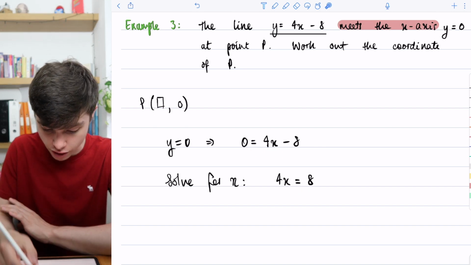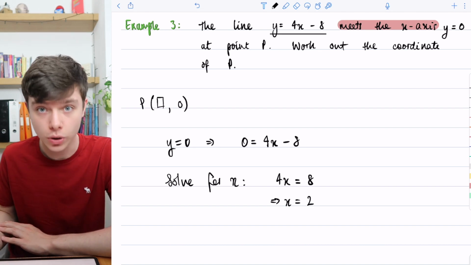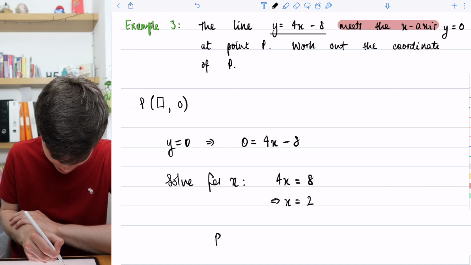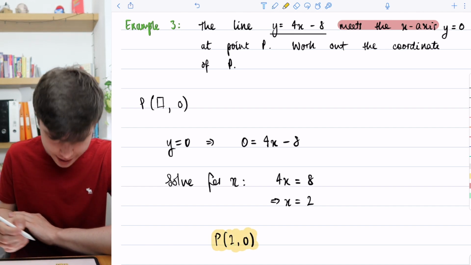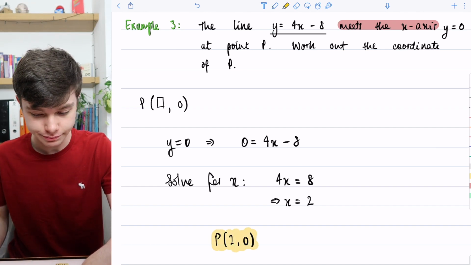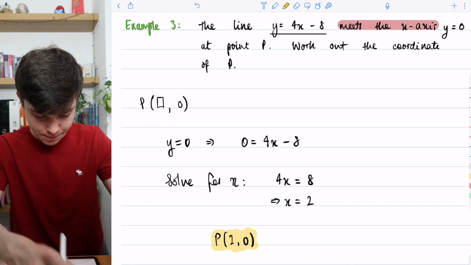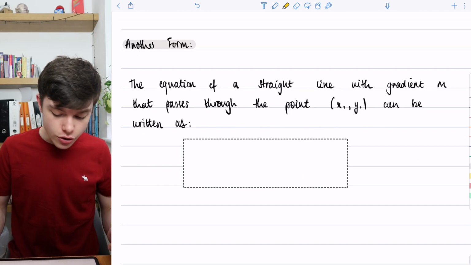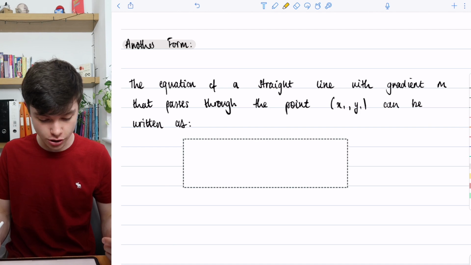Flip that round, 4x is equal to 8. So that tells me that x is equal to 2. So therefore, P is at (2, 0). And that is our final answer. Okay, let's just check that is correct. That is perfect.